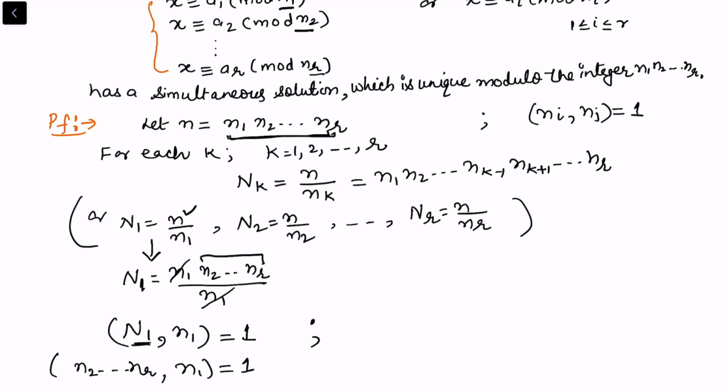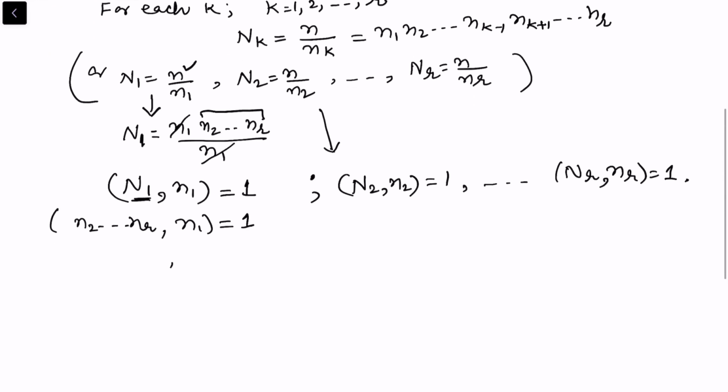Similarly, from the other expressions we will have the GCD of capital N2 and small n2 equal to 1, and so on, capital Nr and small nr equal to 1. So in general I can say that GCD of capital Nk and small nk is equal to 1 for k varying from 1 to r.